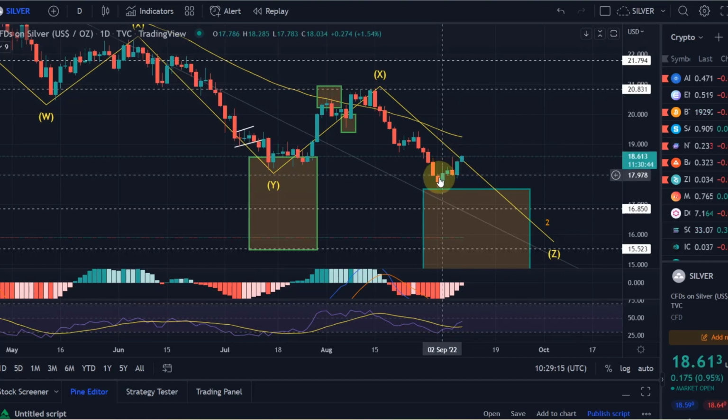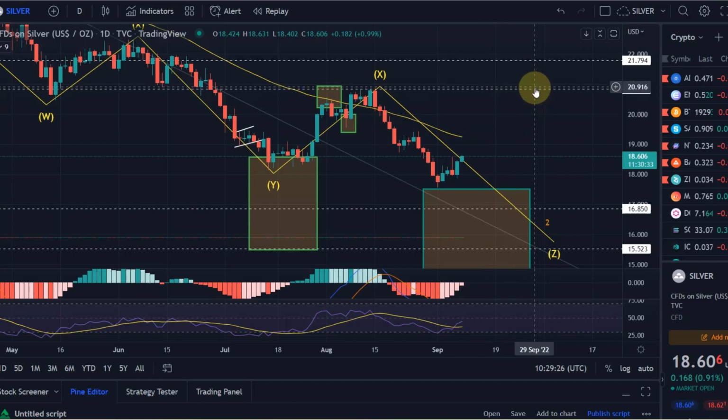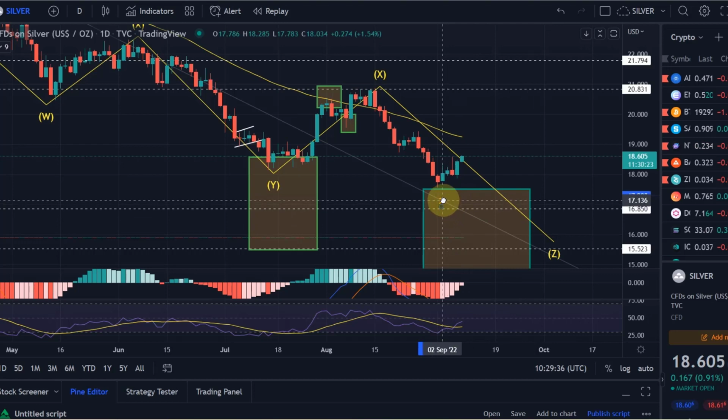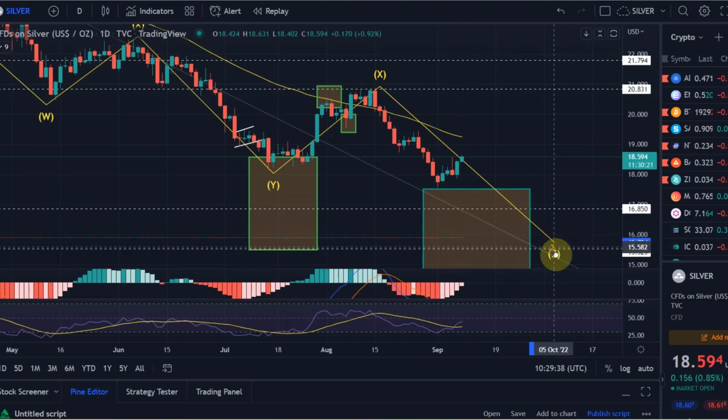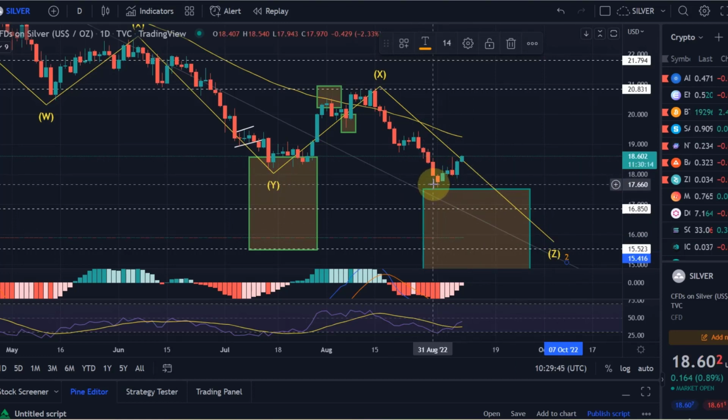However, as soon as I see an impulse here, and as soon as we go above the $19.47 level, and then next would be the key resistance, which is here the $20.83 level, these levels, if they are broken, we have to assume the low is in finally in this wave 2 correction and the wave Z. So this is not the primary expectation. This is at the moment only the alternative, but I keep an eye on it. I would not rule it out, but at the moment I haven't seen the confirmation.